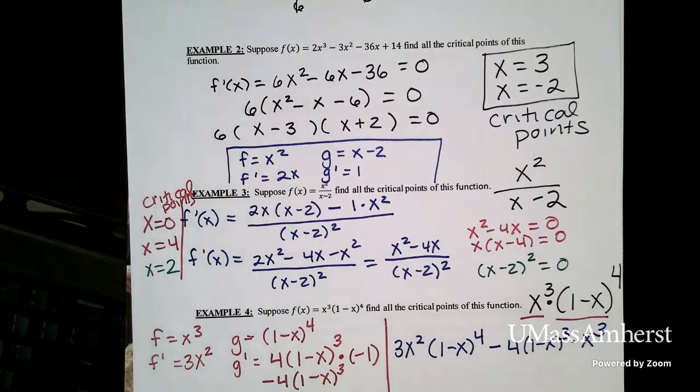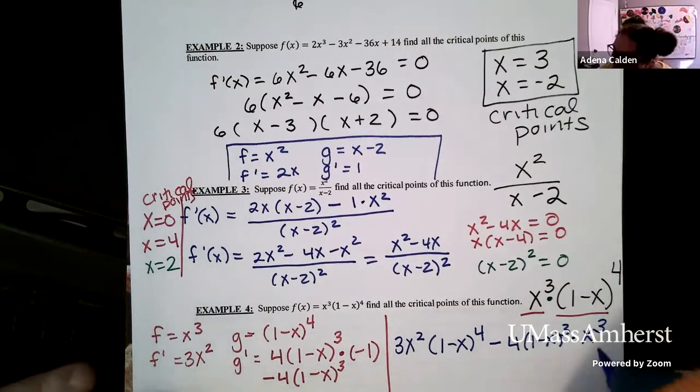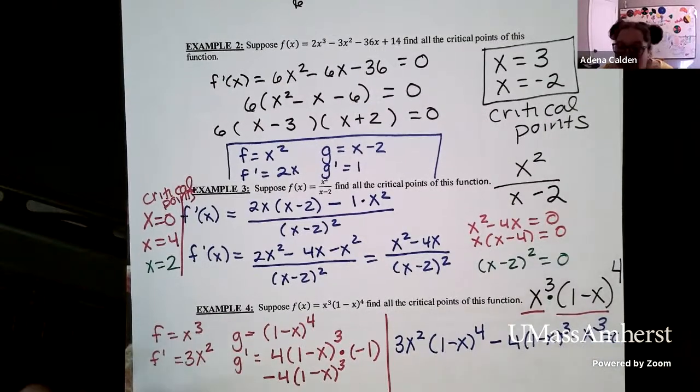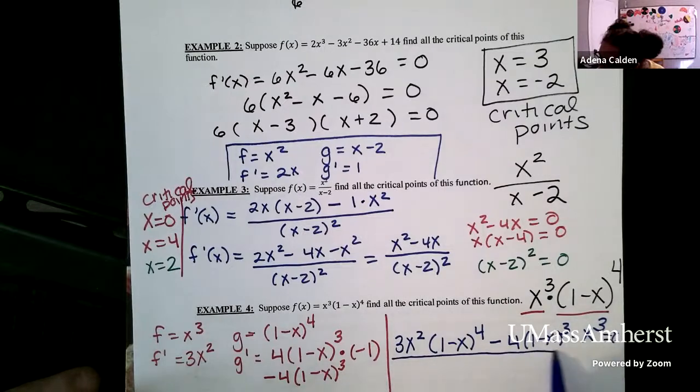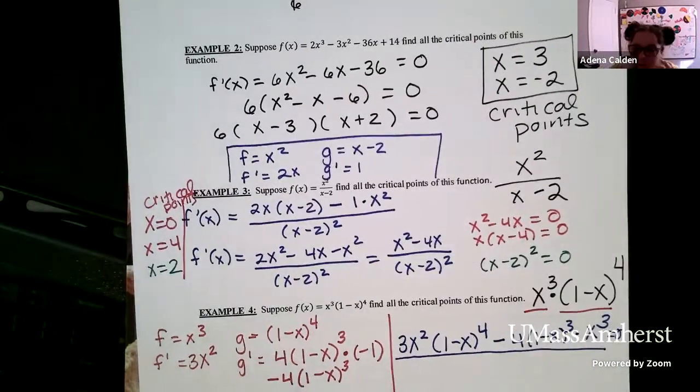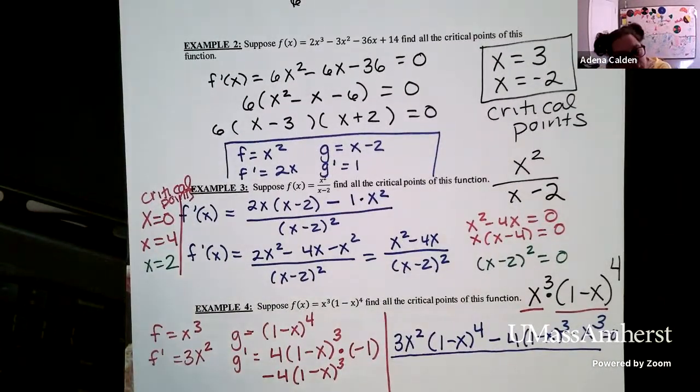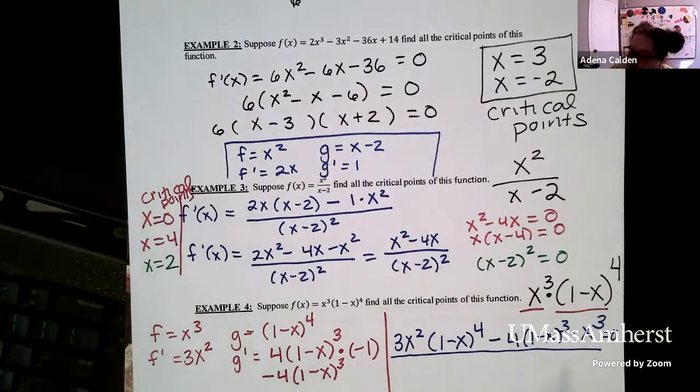So our derivative looks like this, okay? And we want to know, when does our derivative equal 0? So this is the first part where you have to be really careful. There's a lot of times you can lose a negative or something like that. So if you were able to get the first derivative like this, that's great.